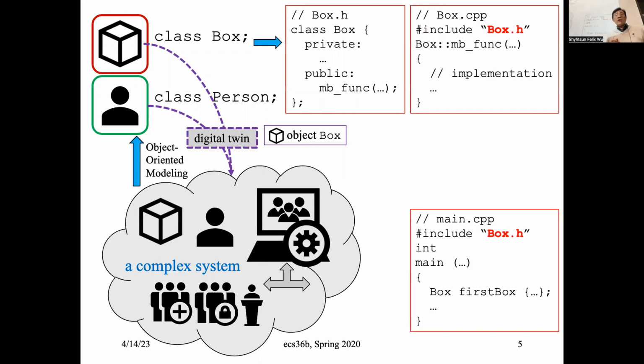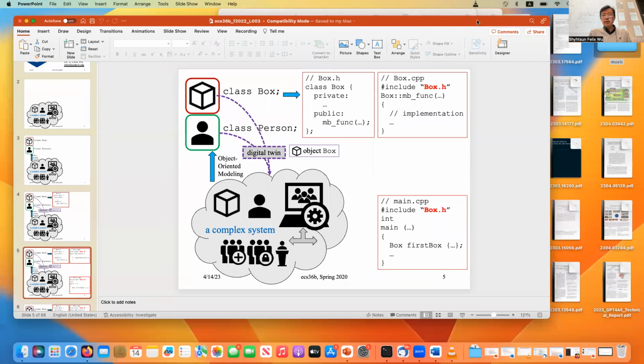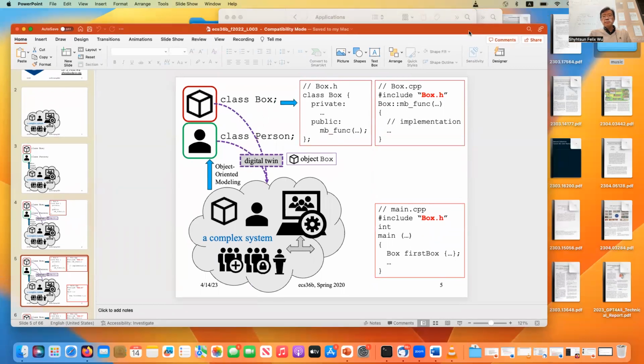And then you have the CPP part, which represents the implementation. Sorry, I want to do this so you can see the whole thing. Yeah, this way is better. I don't want the Zoom to block some of the characters.